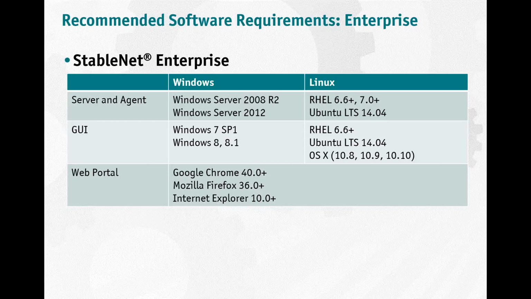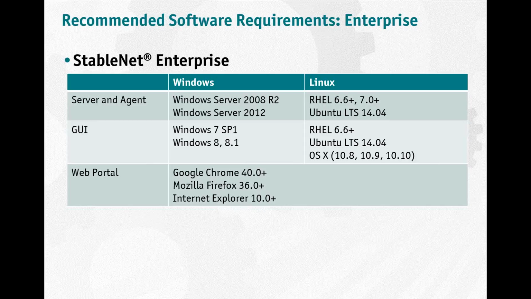So keep in mind that for server and agent you are using server operating systems. For the GUI you can use Windows 7 or Windows 8 and 8.1, or again Red Hat Linux with a version of 6.6 and above, or Ubuntu, or for our Apple users also we support Mac GUI.